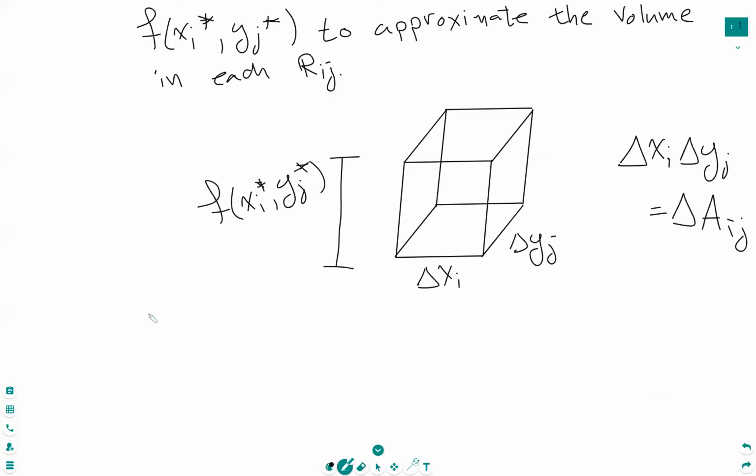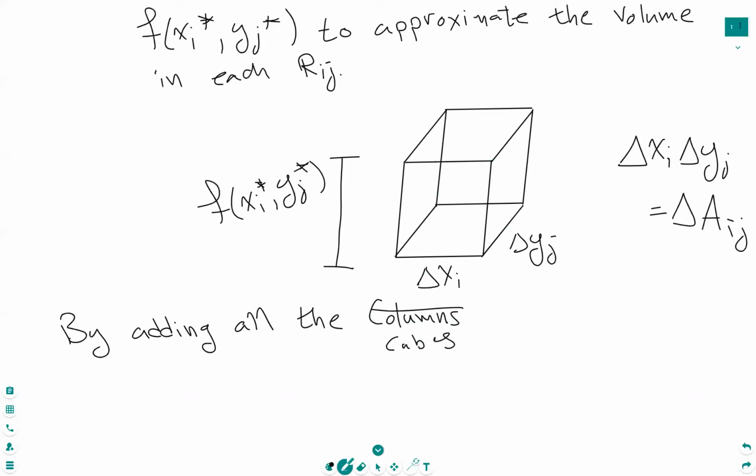So by adding all the columns, these being the columns, we can also just say cubes, we approximate the volume.